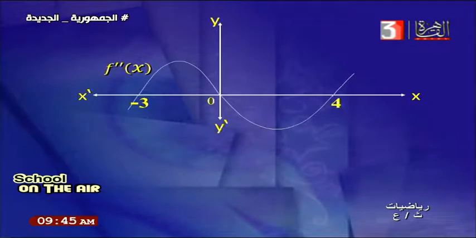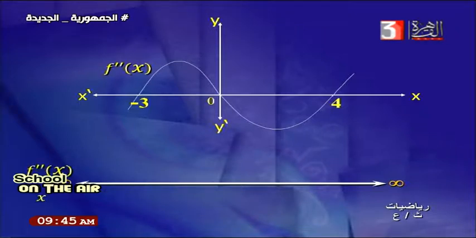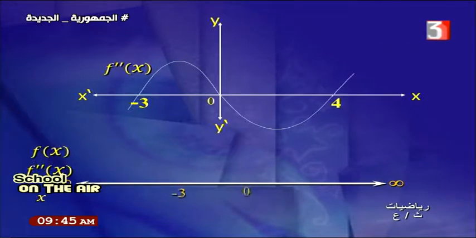Now we have the curve of f double dash x. F double dash x is positive and negative in some intervals, and f double dash x equals 0 at x equals -3, x equals 0, and x equals 4.